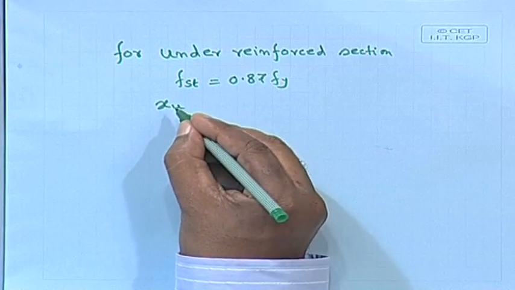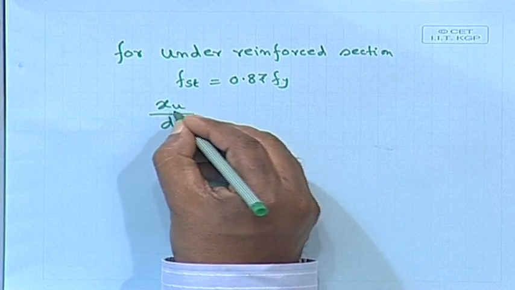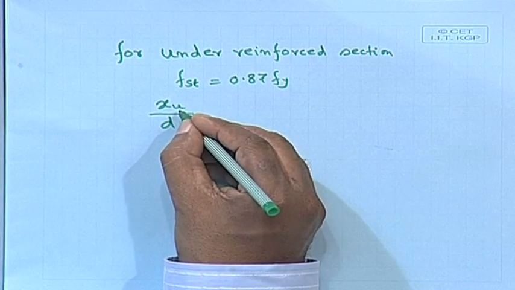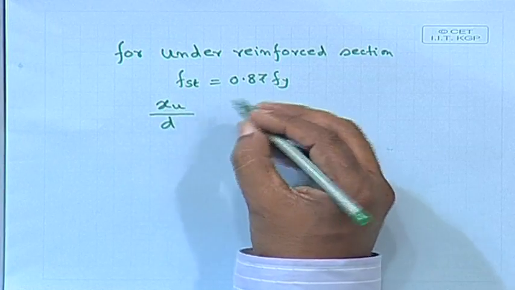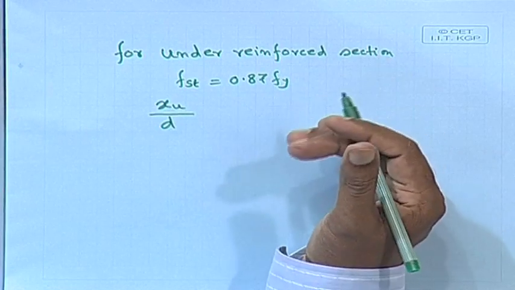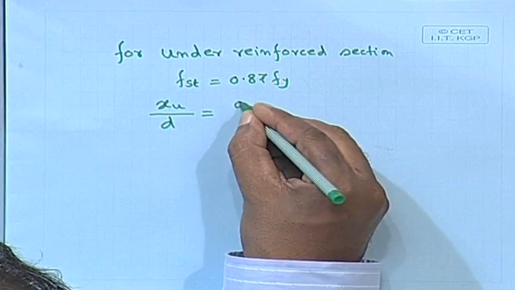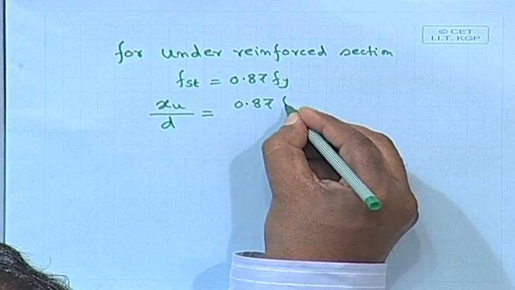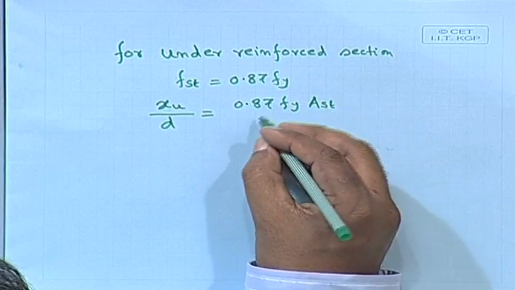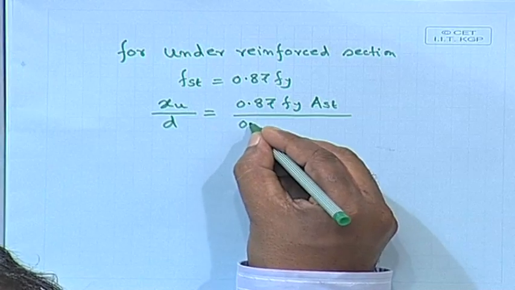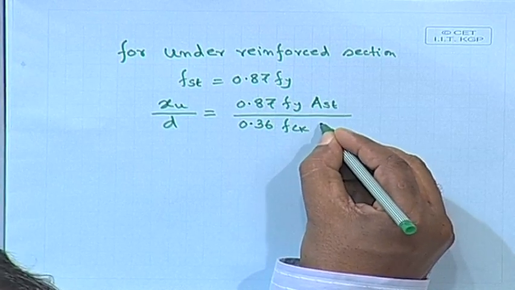We are giving a special name Xu, the ultimate depth of neutral axis. Xu by d equal to 0.87 FOI AST by 0.36 FCK BD.